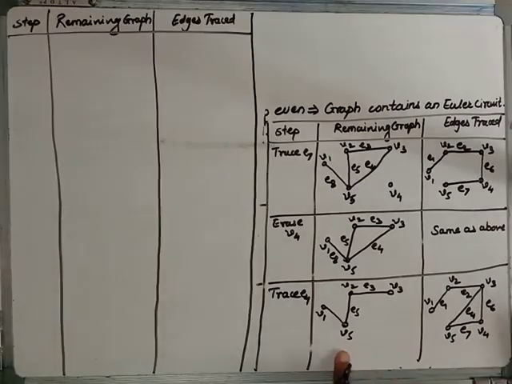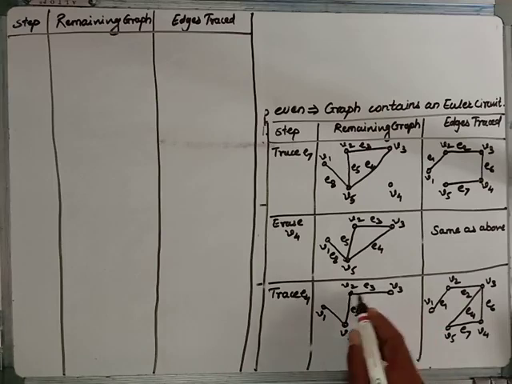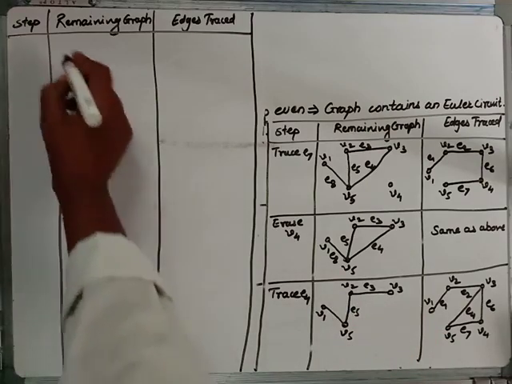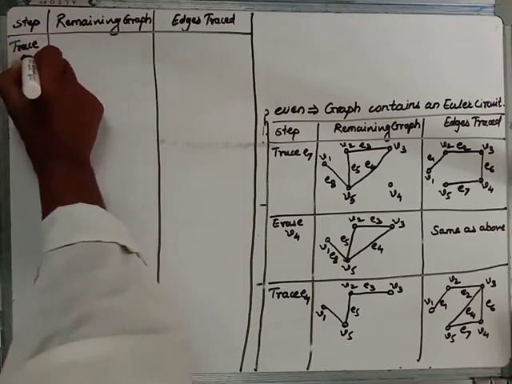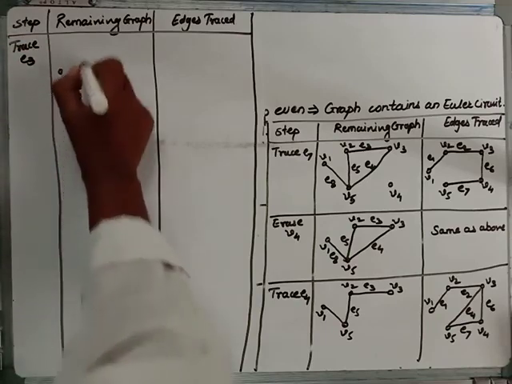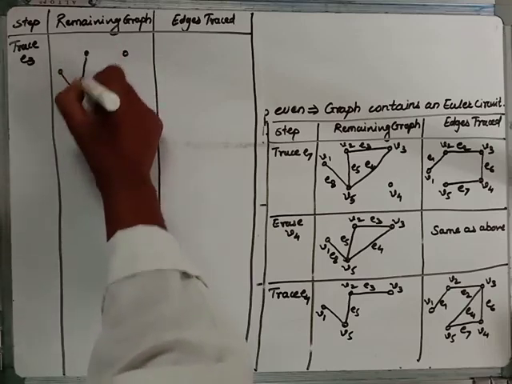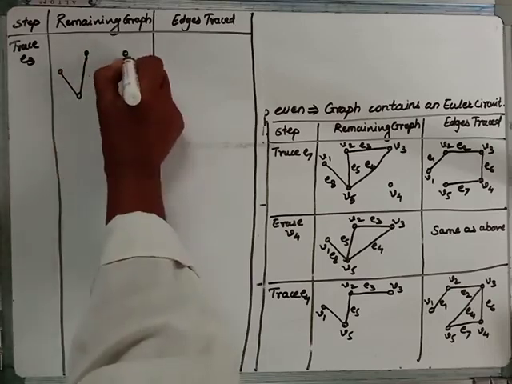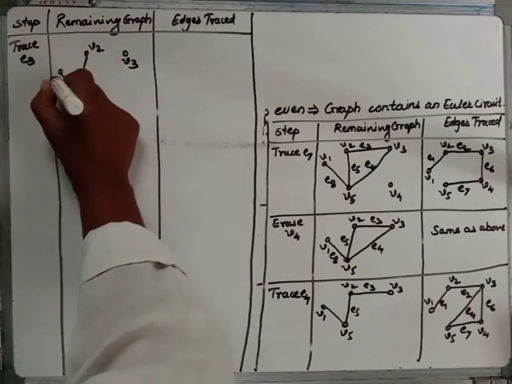Now we have traced E4, so we reach V3. So let's trace E3, then E5, then V1. Trace E3. What is the remaining graph? Here V3, V2, V5 and V1.